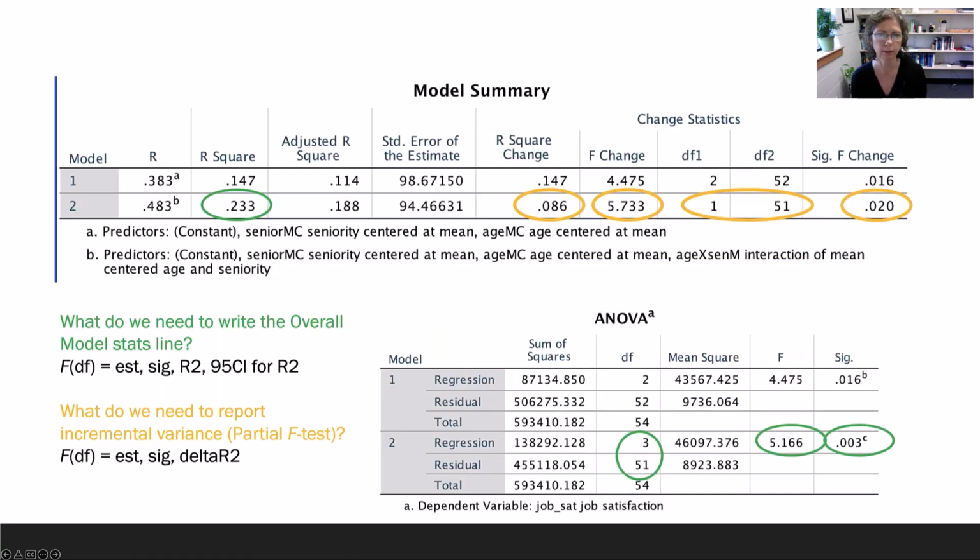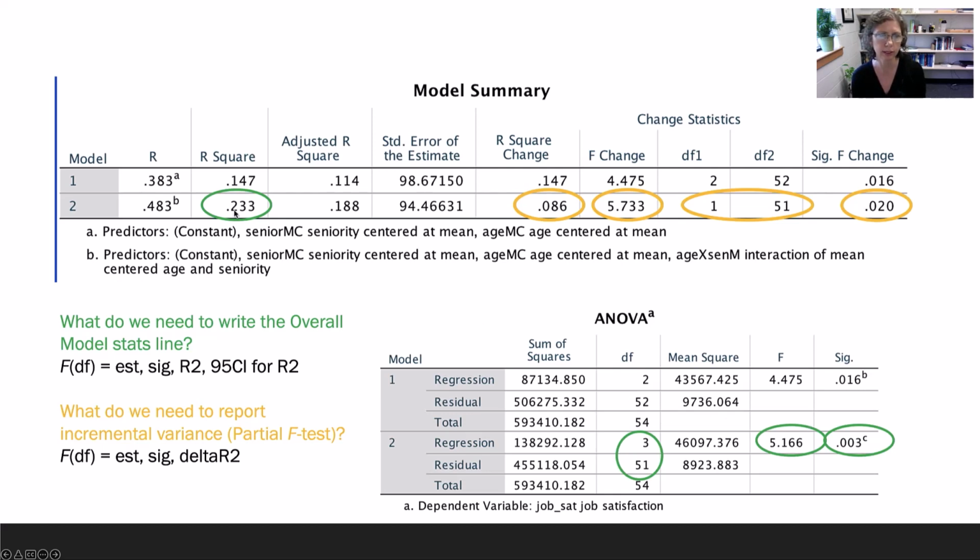Now in SPSS, when we run that kind of thing, we get information about our overall model and we get information about our partial F test, right? In our overall model, we need our F estimate, our degrees of freedom, the significance level, and then we'll need the 95% confidence interval for R squared.